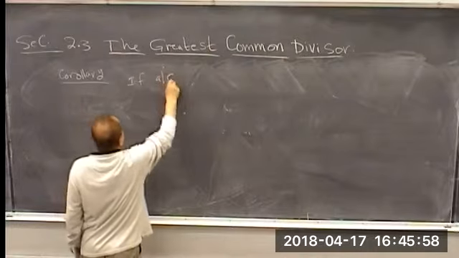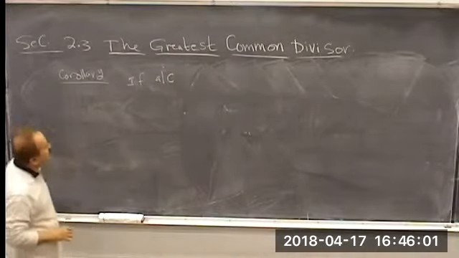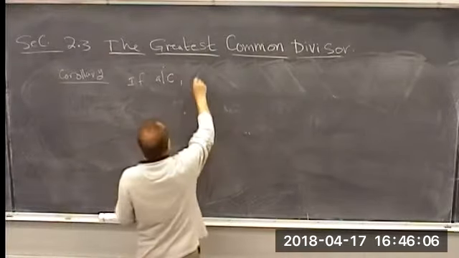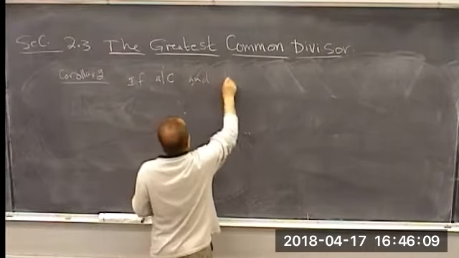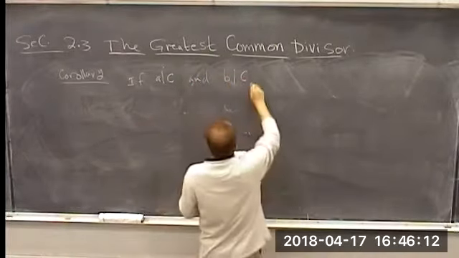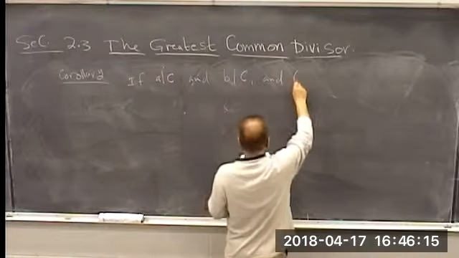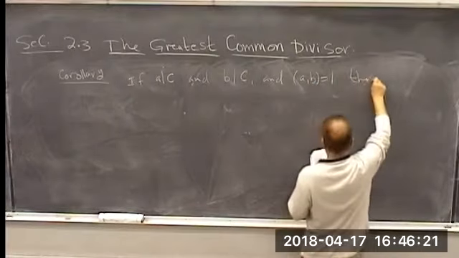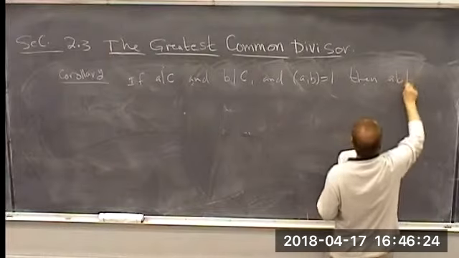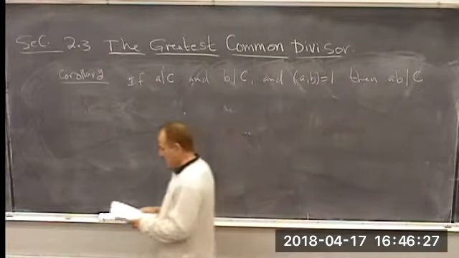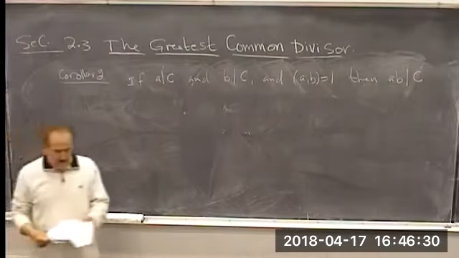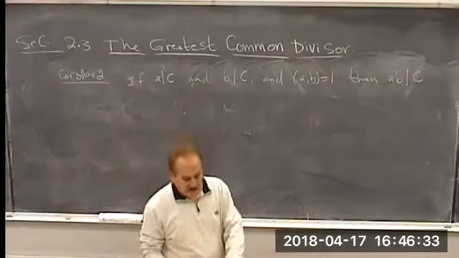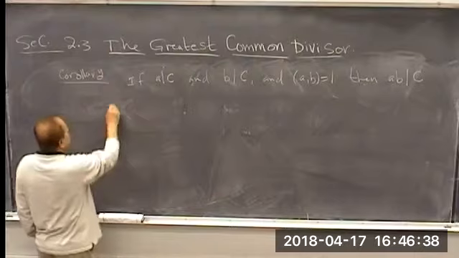If A divides C, and remember in here we are assuming that A does not equal 0, and B divides C, and the greatest common divisor of A and B is equal to 1, then AB divides C. So let's look at the proof here.